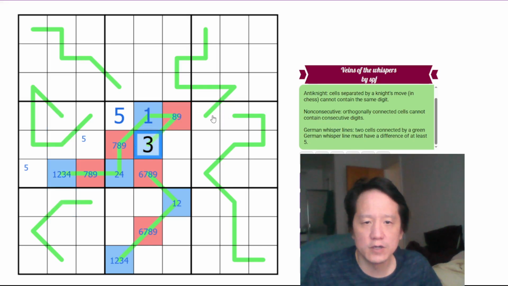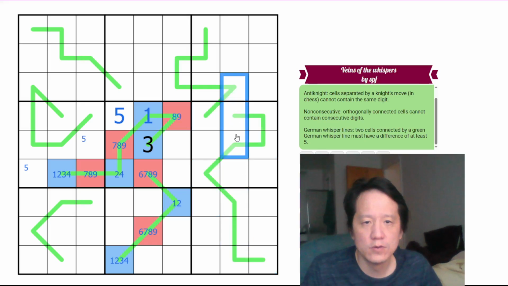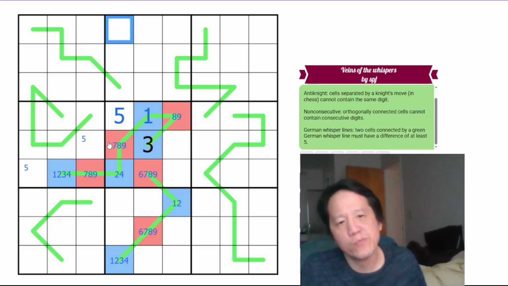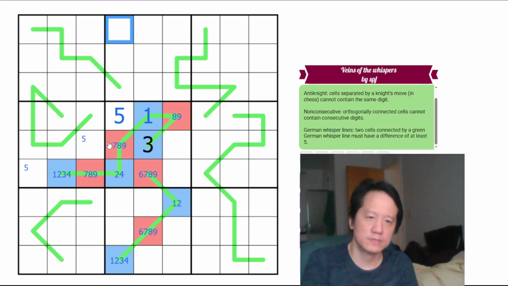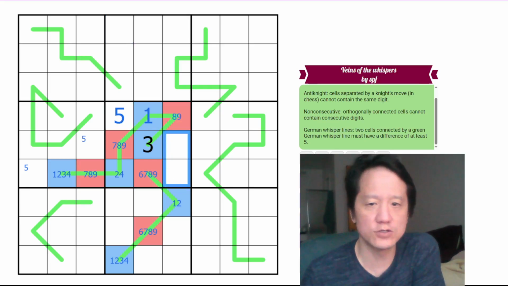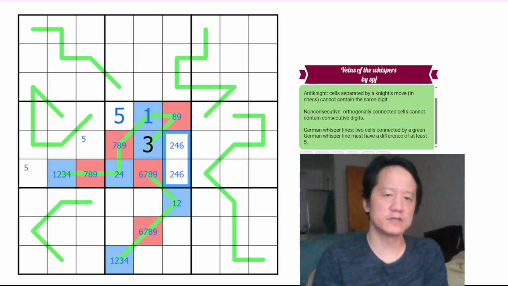What else do we have? So 5 cannot be here. So this is 5 here, which makes this a 2-4 pair with 6, 7, 8, and 9.